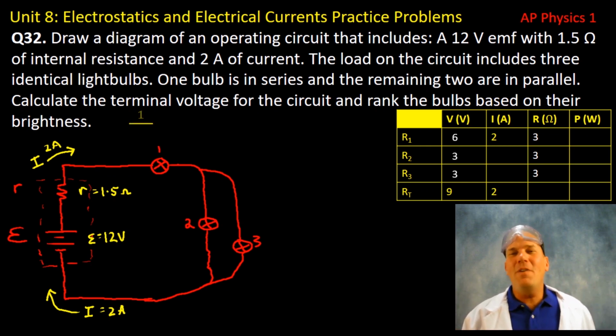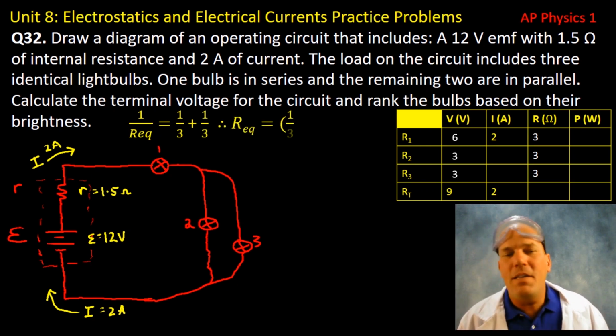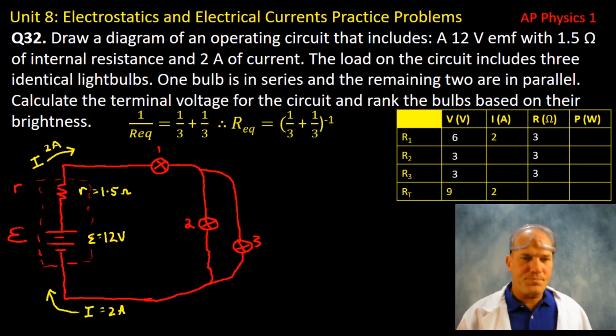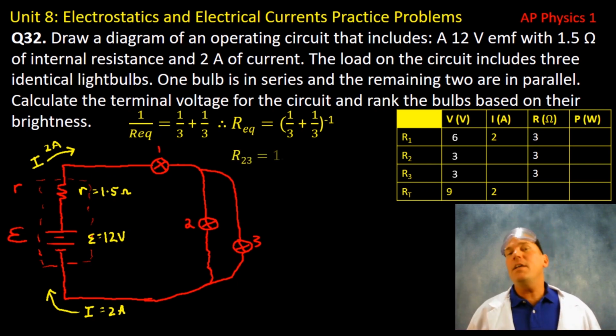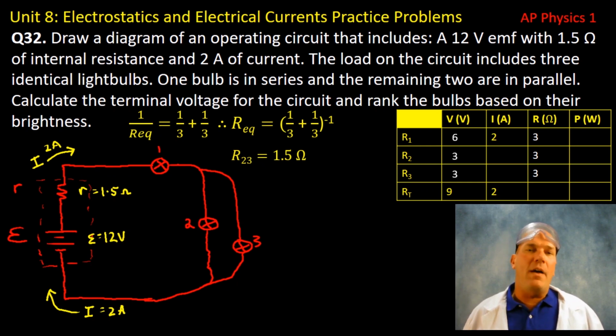All right, so now we can start to fill this out and calculate the equivalent resistance for the parallel combination, which is 1 over 3 plus 1 over 3, and the inverse of that. And that's going to give us an equivalent resistance of 1.5 ohms.